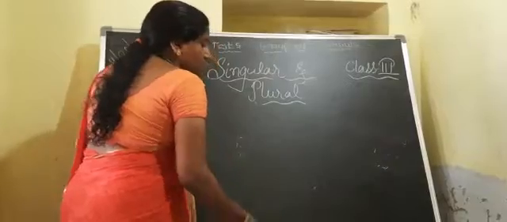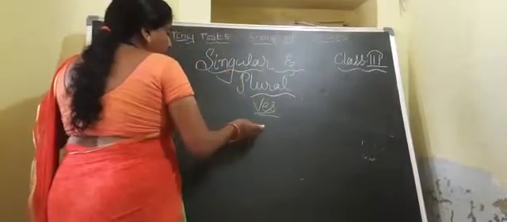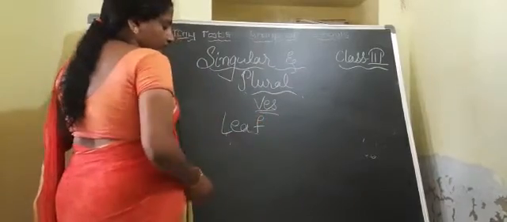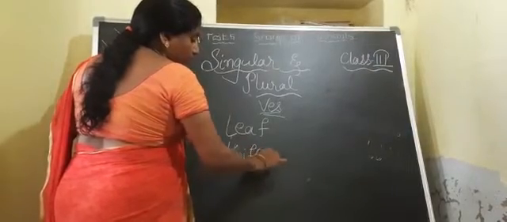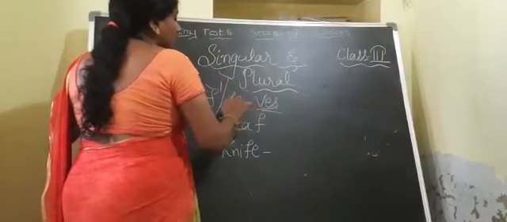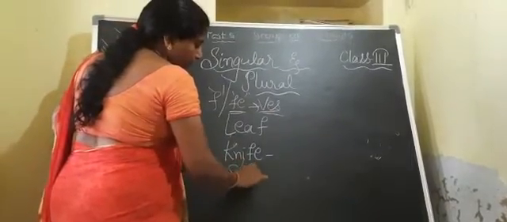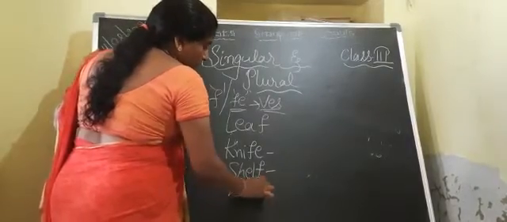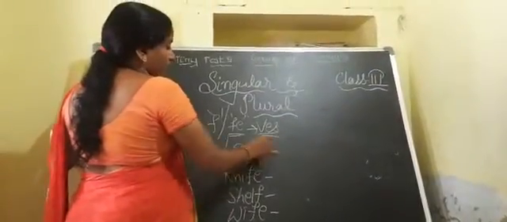In what situations do we have to use ves? If our word ends with f or fe, we replace f or fe with ves to write the plural form. Shelf, wife. See children, if you observe these words, the first word ends with f.